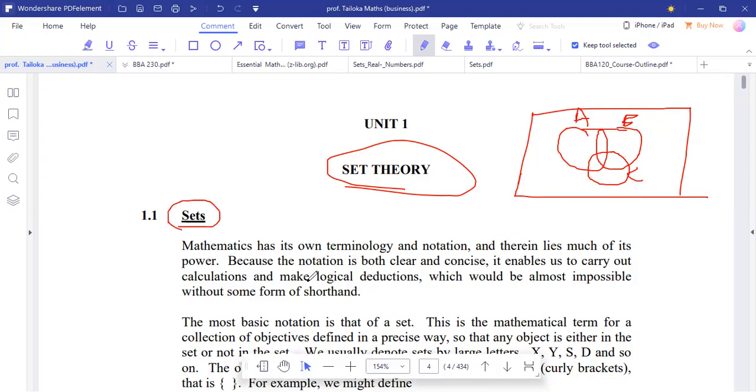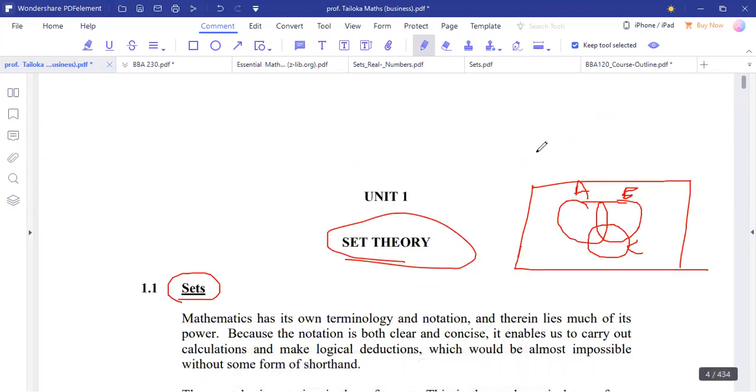All right. So this is a Venn diagram. You're just saying all these events are collected. So a collection of events is a set.